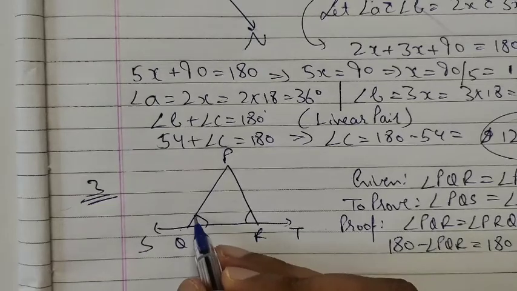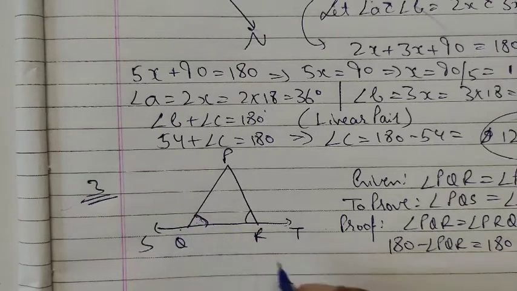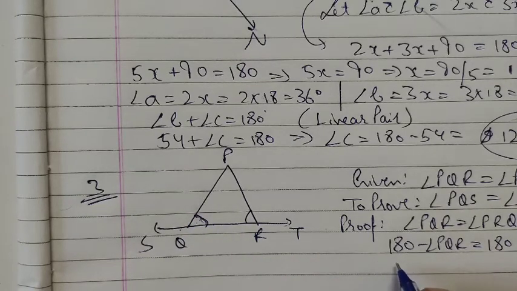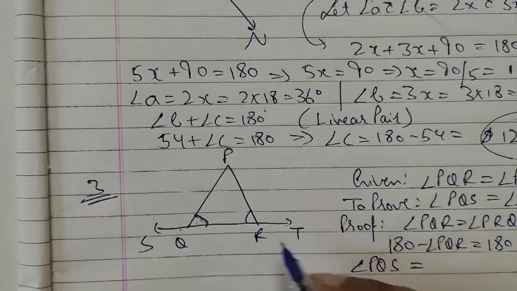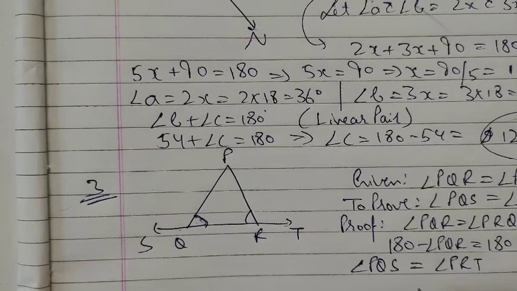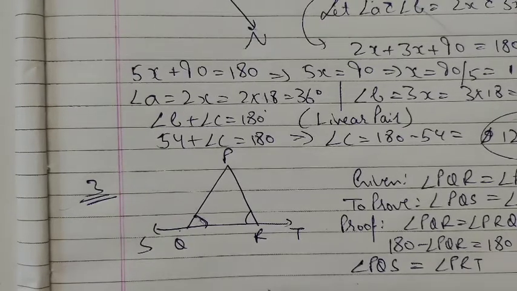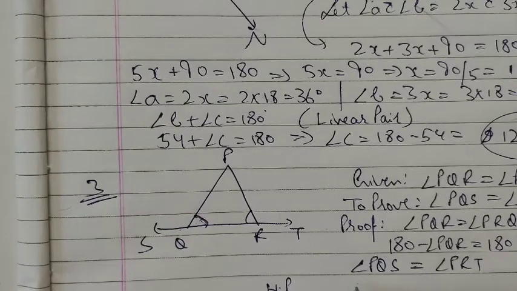So 180 minus this angle will be what? This angle, because the sum of both of them is 180. So 180 minus PQR is angle PQS, and 180 minus PRQ is angle PRT. So this is what we have to prove. Hence proved.